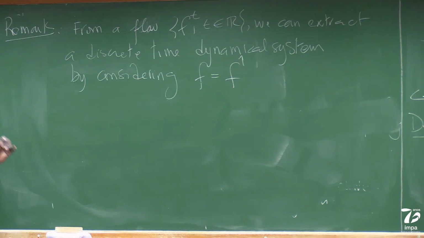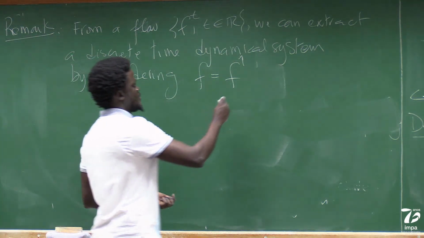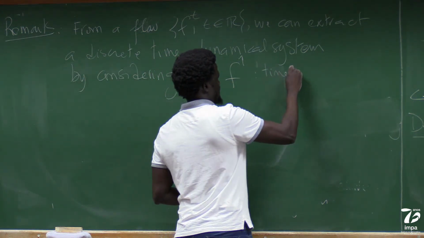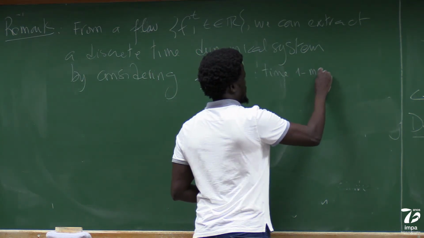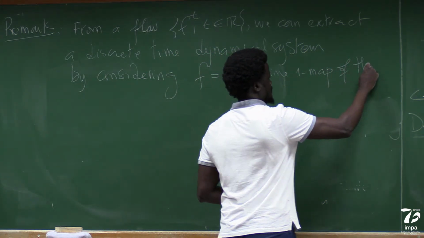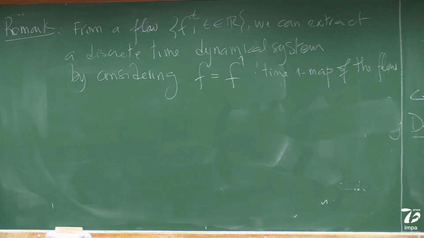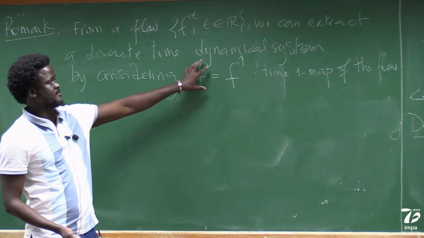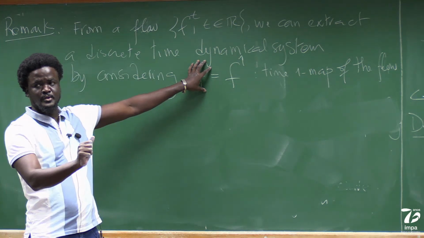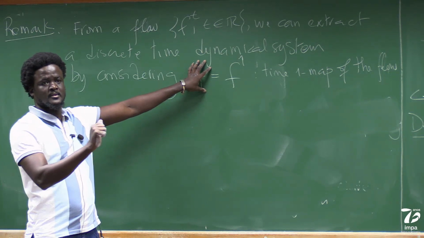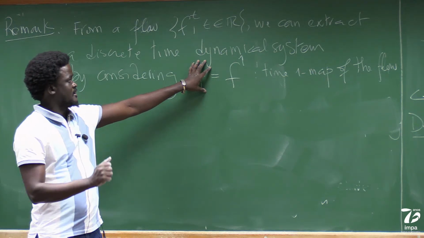This is called the time one map of the flow. So whenever you have a flow, you can extract a discrete time dynamical system. How about the reverse of this statement? When you have a discrete time dynamical system, can you always embed it into a continuous time dynamical system?